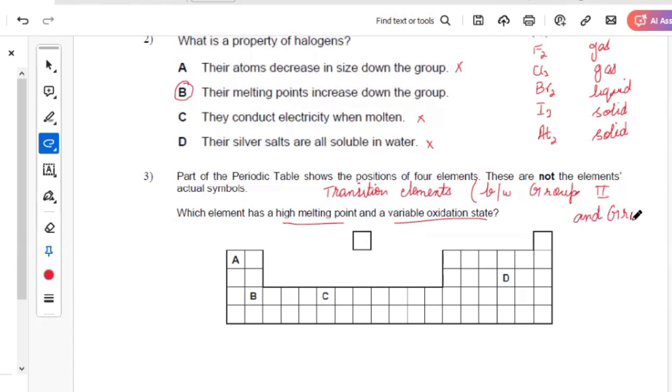Group 2 is this one and group 3 is this one. So the element that exists between them is the transition element. Transition metals have a high melting point and variable oxidation state.